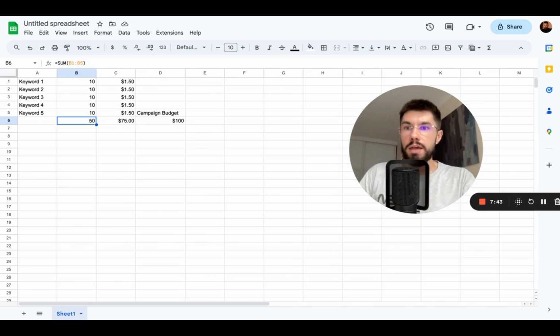Now, another scenario why we like to break down keywords into different campaigns is one keyword, like let's say keyword 1 to 3, will have 20% conversion rate with 30% ACOS. But keyword 4 and 5 may have 10% conversion rate with 50% ACOS.